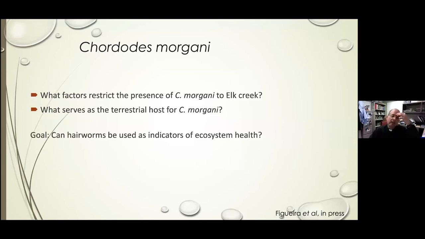And this fits in with an overarching goal that I have for all my research, the idea of using these hairworms as indicators of ecosystem health. I've shown you the life cycle of these hairworms, and you can see that they have multiple hosts. And if any of those hosts are not present in the environment, then the worm will also not be present.